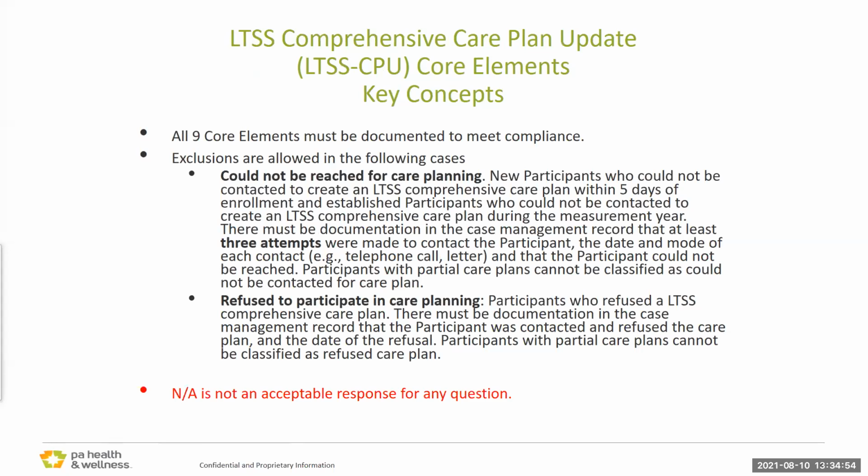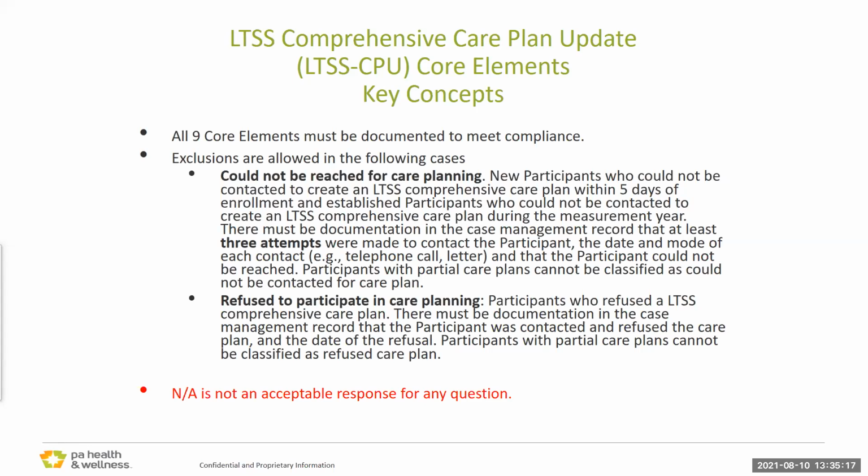Okay, you'll see this slide for every core and supplemental section that we do. Key concepts, again, they're very similar to the ones in CAU. So all 9 core elements must be documented to meet compliance. So there are 9 core elements. You have to have all of them documented. We do have exclusions that are allowed, again, the following cases.